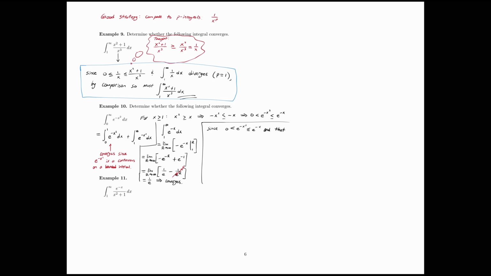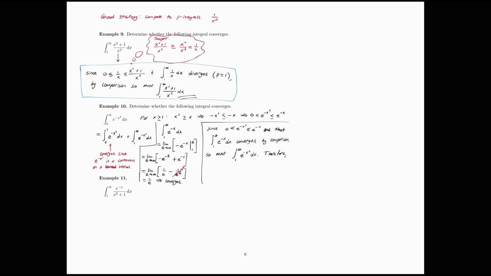And that this integral from 1 to the infinity e to the negative x dx converges, by comparison, so must the integral 1 to the infinity of e to the negative x squared dx.